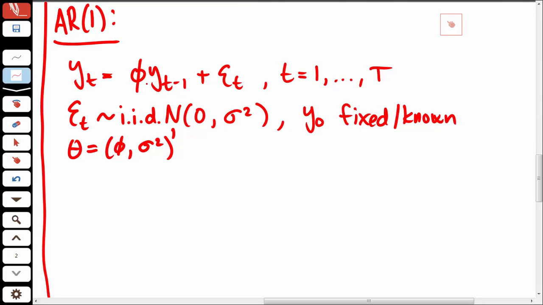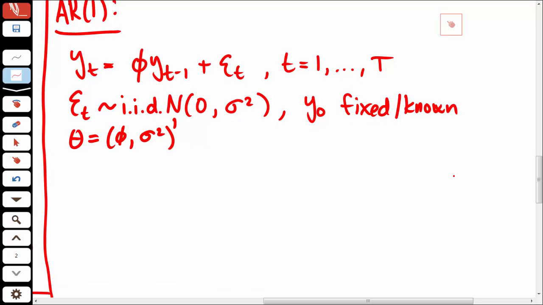We know for this process that for phi being different from 0, the process is dependent over time, meaning that we cannot rely on taking the product of the marginal densities in order to obtain the likelihood function of this model. Instead, we will rely on another trick, namely the definition of the conditional density.